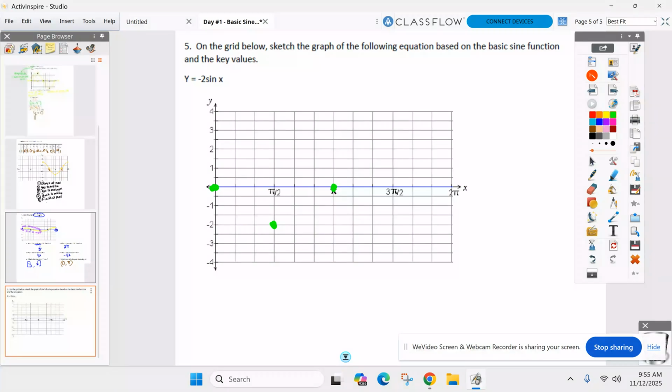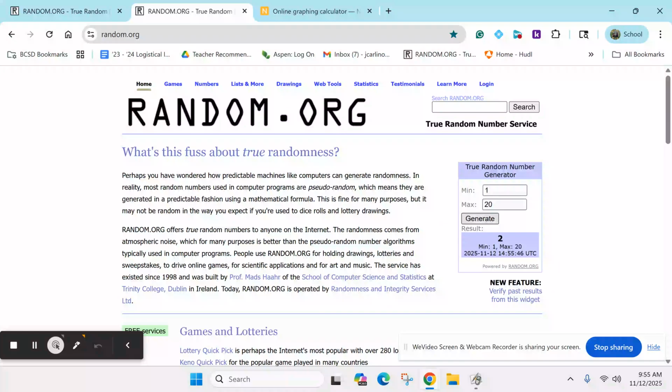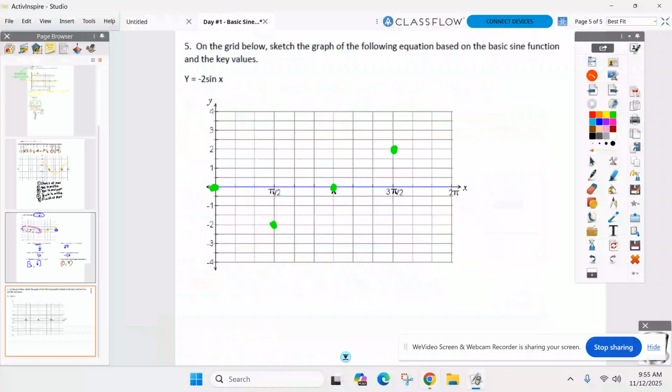But I got a negative, so it's going to go up to the max. And then where does every sine curve always end? Sophie, again? And that doesn't affect it. Midlines stay midlines. So does everybody see when you take a negative, it just flips it? That's what happens.